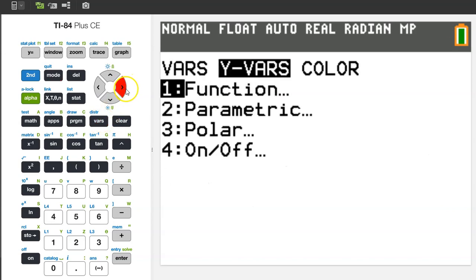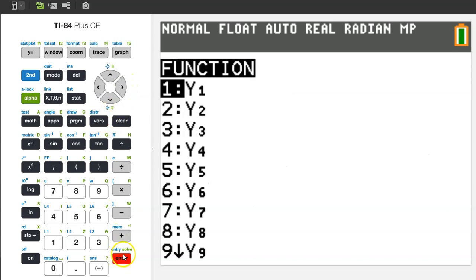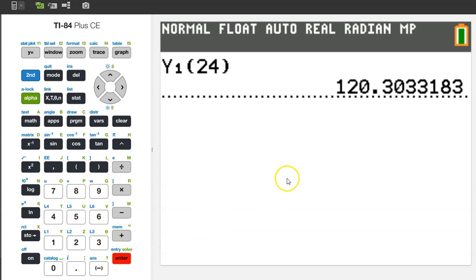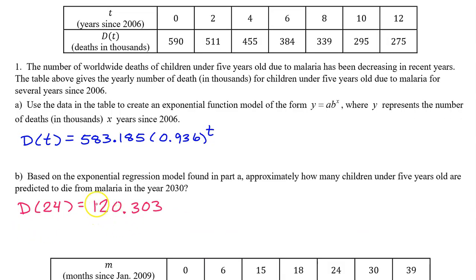Hit the vars button, go to yvars, hit Enter again, that's y1, and then use parentheses to evaluate y1 at 24. Kabam! Be careful, if you just put this number, your answer is wrong. The reason is that D of t is given in thousands.